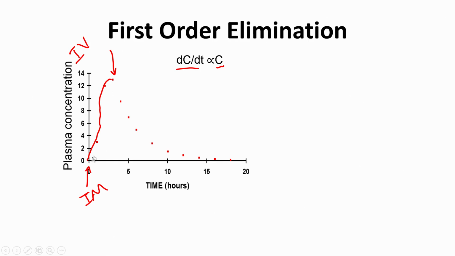So there is really no more drug coming from the depot that we had created intramuscularly. Since the rate of elimination is proportional to the concentration, and the concentration is highest here, the rate is very fast here, but as the drug concentration in the plasma decreases, the rate of elimination becomes slower and slower. So we get a curve something like this, and we have to express it mathematically.